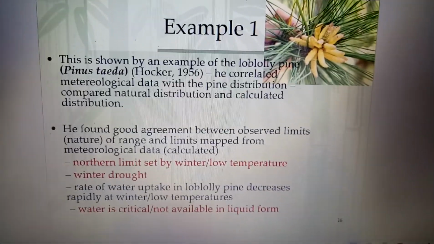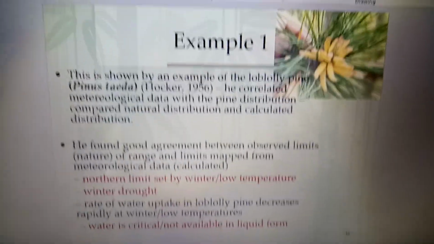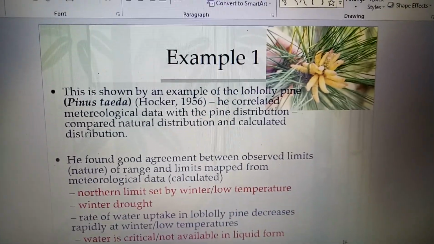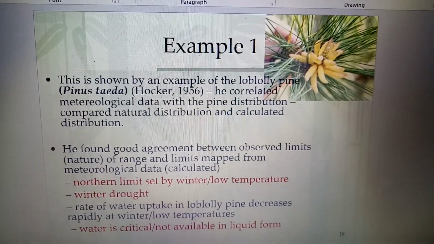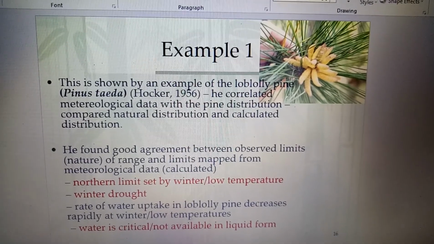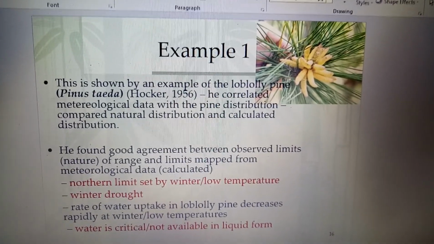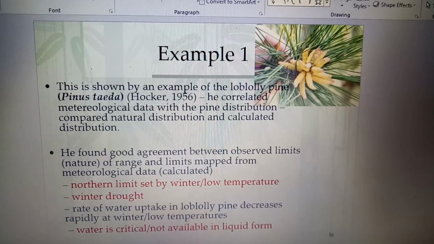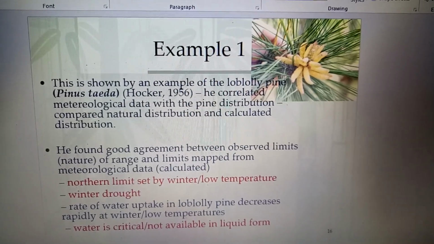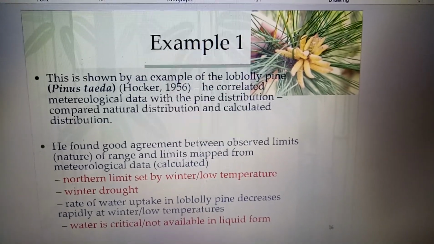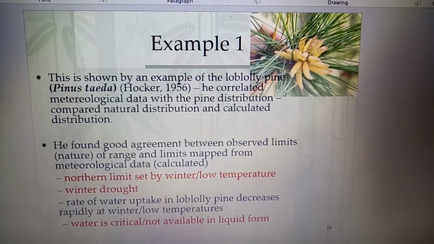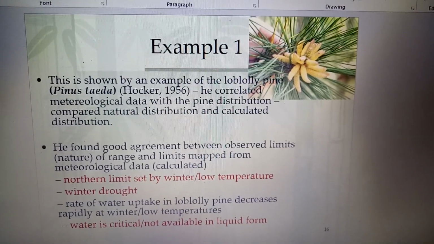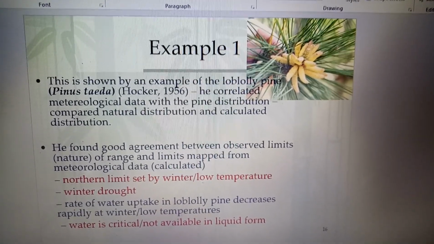Example number 1 is shown by the example of the loblolly pine. He correlated meteorological data with the pine distribution, compared natural distribution and calculated distribution. He found good agreement between observed limits of range in nature and the limit map from meteorological data.